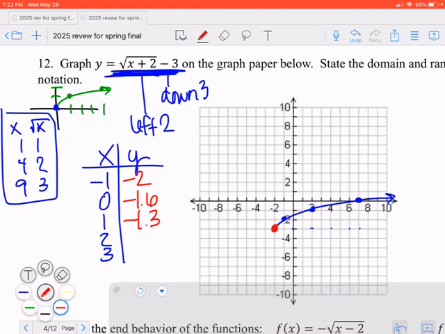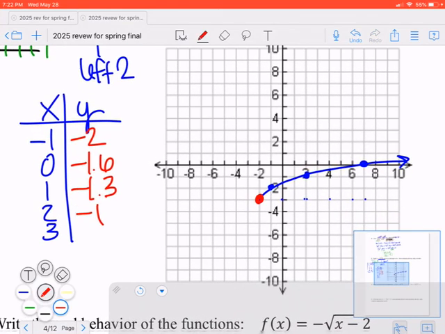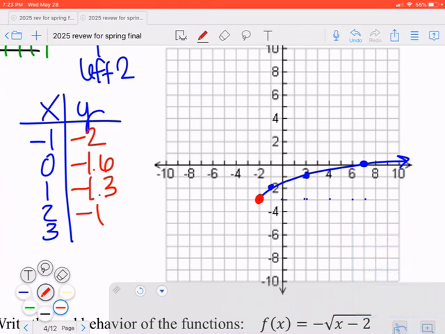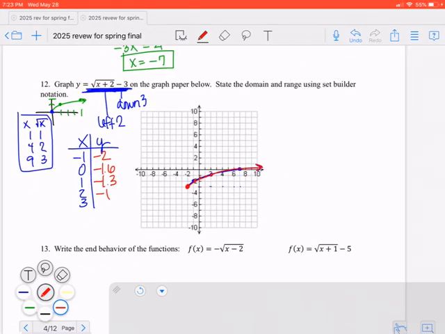The square root of 4 is 2. 2 minus 3 is negative 1. So you'd start graphing those: negative 1, negative 2, 0, 1 point, down 1.6, over 1, down 1.3, over 2, down 1, and you would keep going until you had a nice good curve.